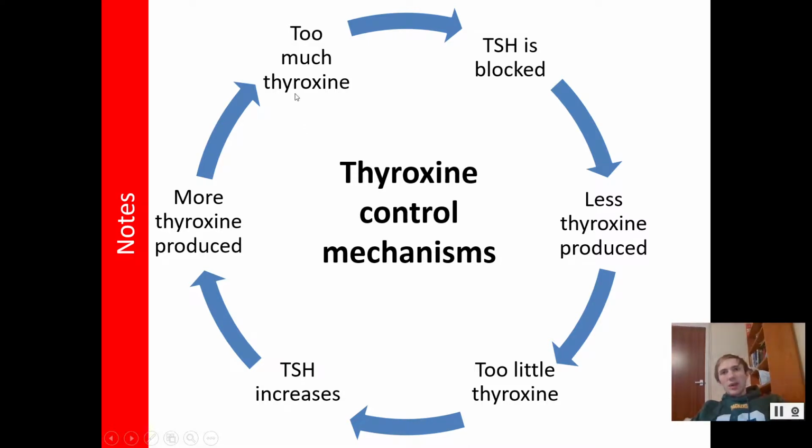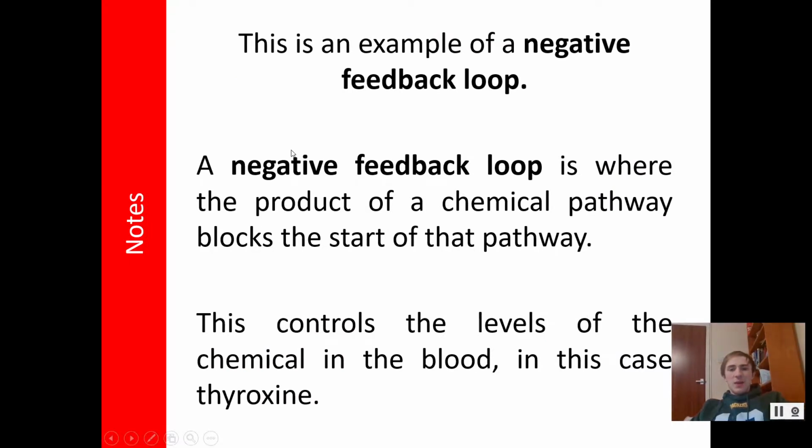So we have a chain where TSH leads to thyroxine, and then that feeds back and blocks TSH. So this is a negative feedback loop, meaning that the end of this chemical pathway, the product, thyroxine, then goes and blocks the start of that pathway. Okay? You can think of a factory that creates robots, and the end robot then goes back to the start of the factory and turns it off.